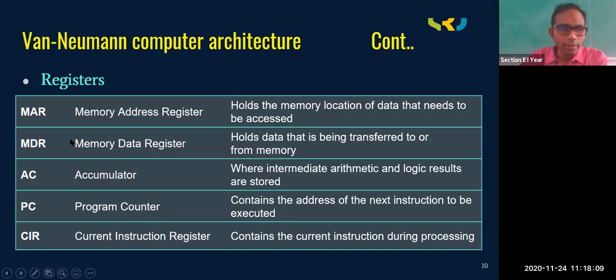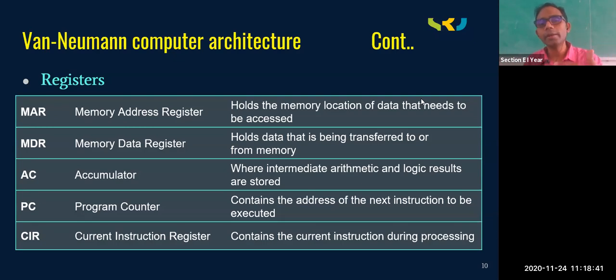Now let us see MAR, Memory Address Register. It holds the memory location of data that needs to be accessed. If I want to perform A is equal to B plus C, I want to add two numbers. Those two numbers are stored somewhere in the memory. Every memory location will have an address. That address will be stored in the Memory Address Register. An instruction is going to get executed. That instruction will have an address.